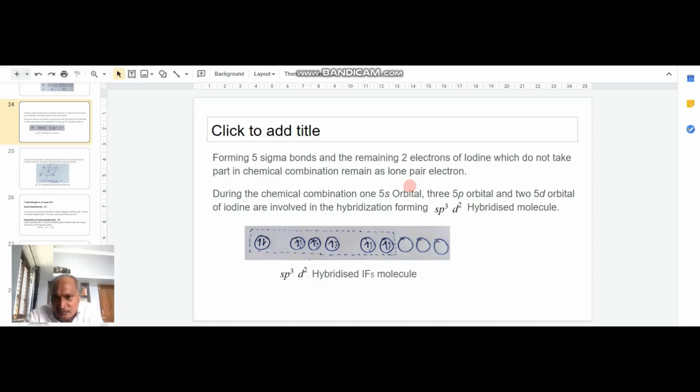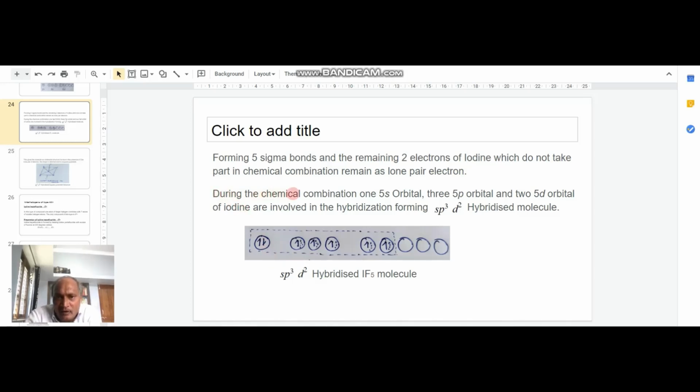These 2 electrons of iodine do not take part in the chemical combination and remain as a lone pair of electrons.